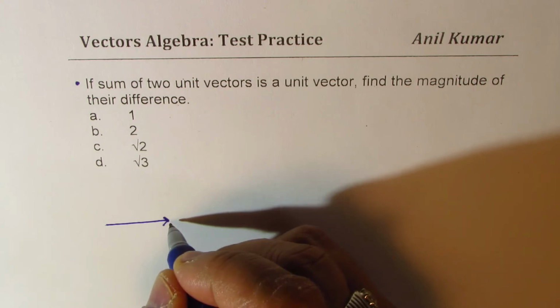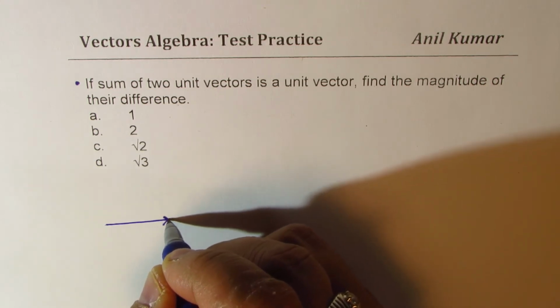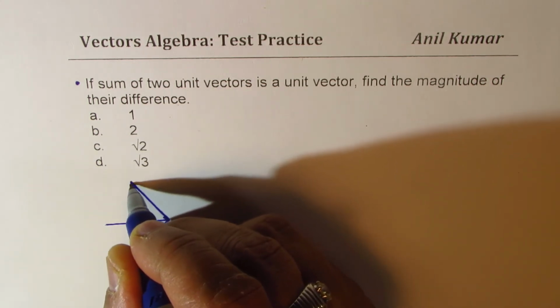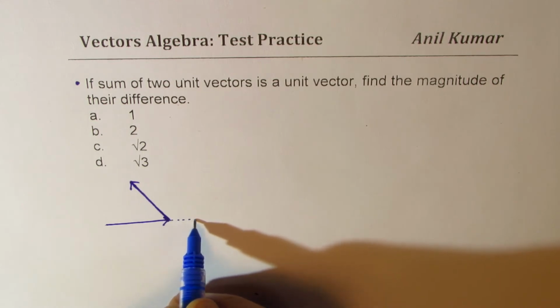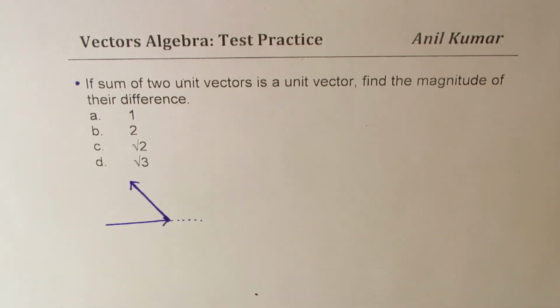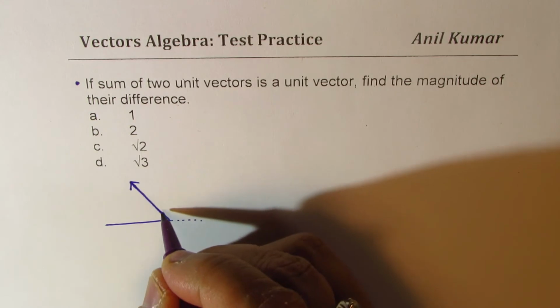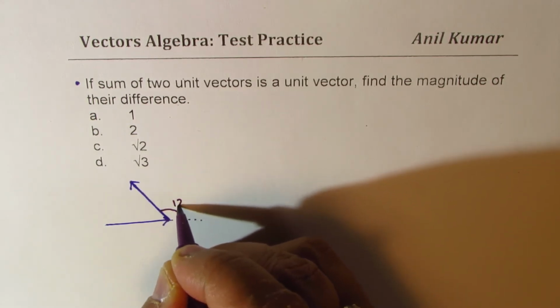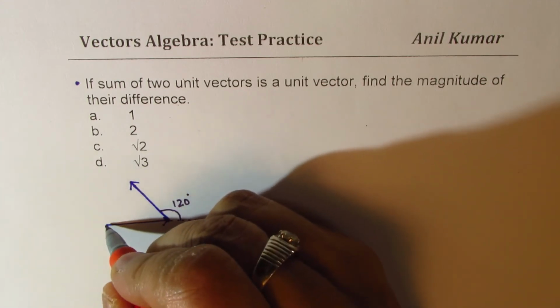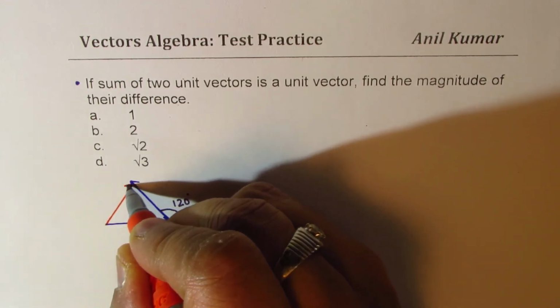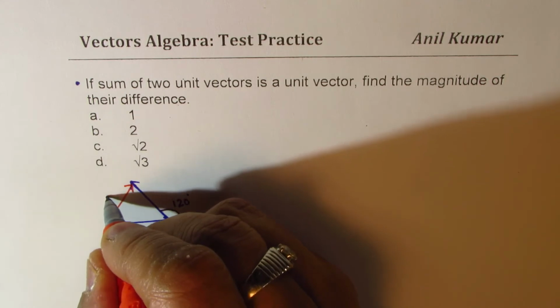So if I have this as one vector, another vector which is 120 degrees to that vector. So what I'm trying to say here is that if I extend this and sketch another vector which is 120 degrees of magnitude 1, in that case it results into a resultant whose length will also be 1.